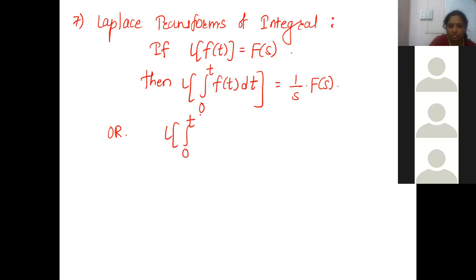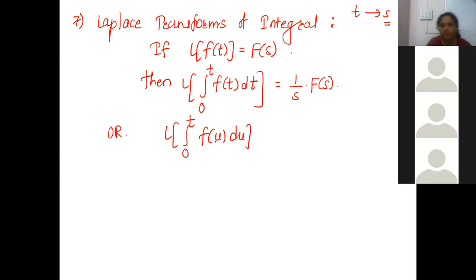Or it can also be integration from 0 to t, and inside the integration you can change the variables, because Laplace depends on t and s. What the Laplace does is it changes the domain t to s. So it should be in t only, but inside the integration it's up to you. If it is u also, it is okay.